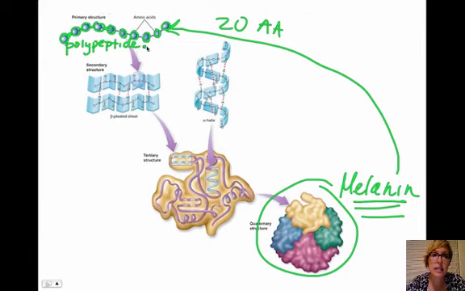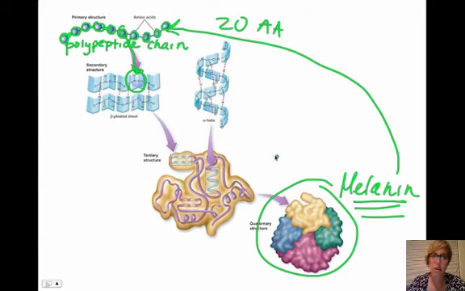Peptide chain. Now these amino acids all have their unique chemical structure, and when they are aligned together and bonded together, there are all these extra interferences or interactions that happen. So if this was one amino acid, there are all these interactions between the amino acids that cause the polypeptide chain to fold up.